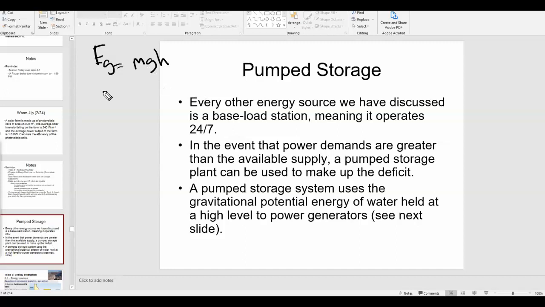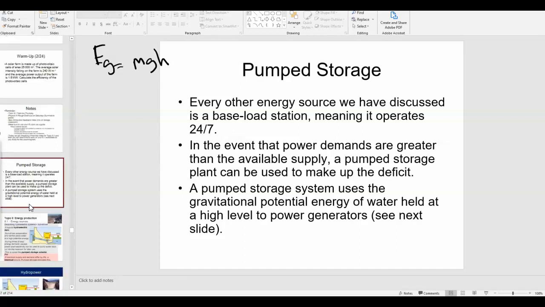So really it's the water being stored at a height and then, as the water flows down to a lower height, it loses gravitational potential energy, and the idea is that some or most of that energy goes to electricity. Of course, you always have energy degradation, as we've seen, but the idea is that most of that energy would be transferred to electrical energy by turning turbines and generators.